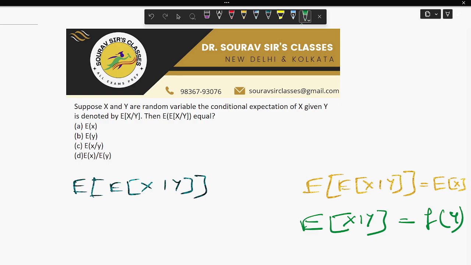When we take the expectation of this thing, that means the expectation of x given y, then we are essentially averaging out the dependence on y, leaving us with the overall expectation of x. So now we are going to prove that this is equal to the expectation of x.